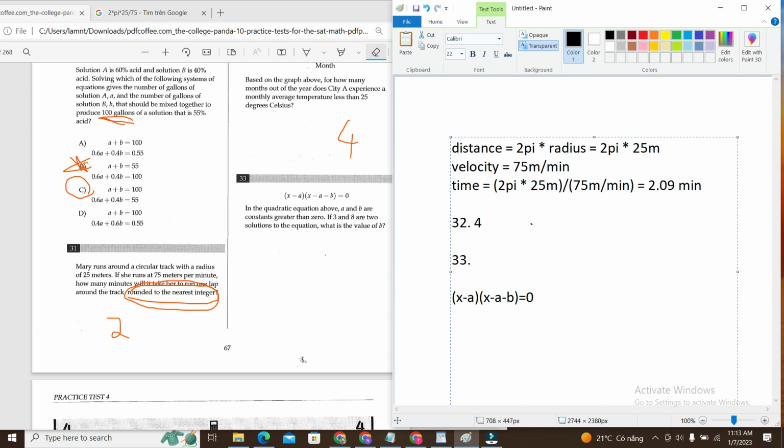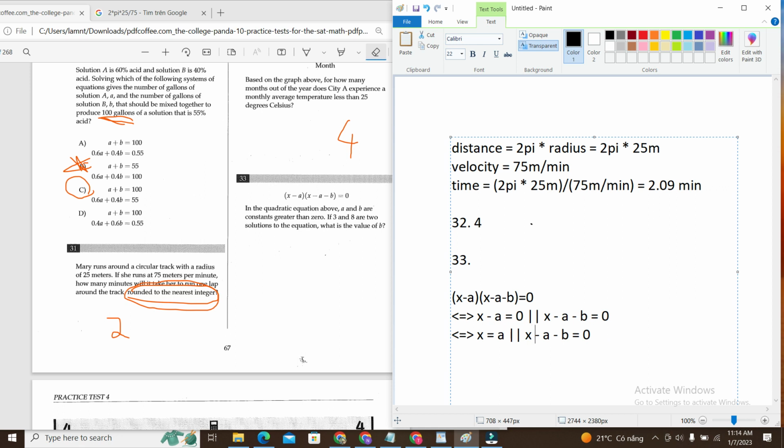So this is equivalent to: either x minus a equals 0, or x minus a minus b has to equal 0. So for the first term, x is equal to a.